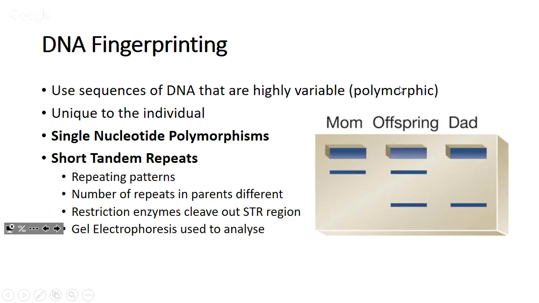And then what that's going to allow us to do is, once we use our restriction enzyme to cut the DNA up in the places that are specific to the short tandem repeat section, and we throw it into our gel electrophoresis, we're going to end up with these different lines inside the gel, and we're going to be able to realize, okay, so we've got one here that matches mum, one here that matches dad, and they are definitely the parents of this particular offspring.